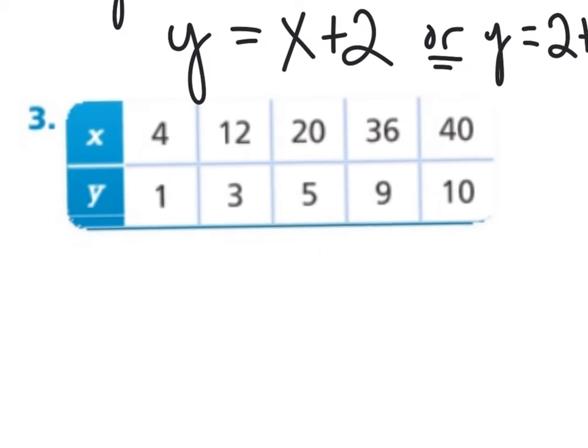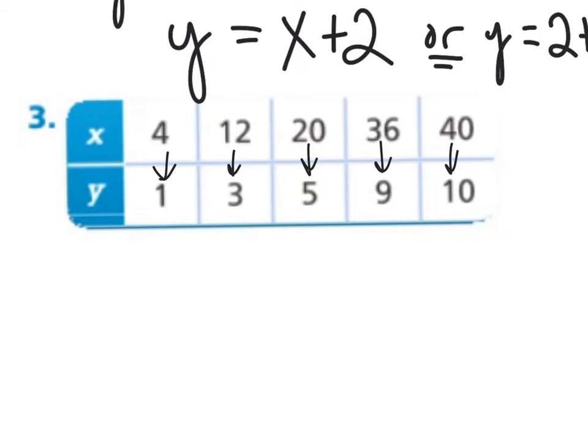Number 3, the numbers are getting smaller as we go from x to y, if we look at it from that perspective. So I'm suspecting it's either going to be subtracting or dividing. Well, 4 minus 3 would be 1. 12 minus 3 is not 3, so that didn't work.